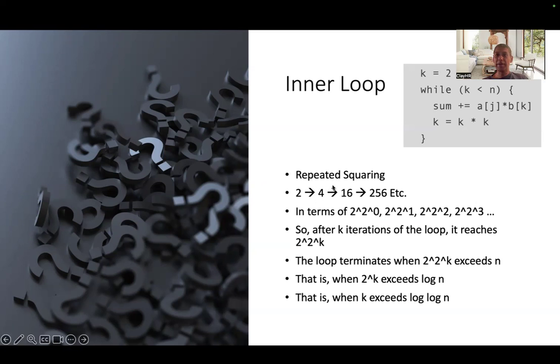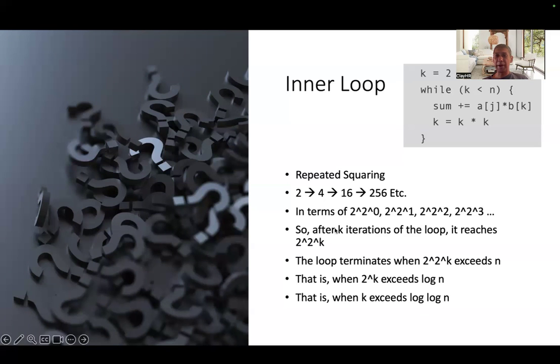We can observe that it's a kind of repeated squaring, going from 2 to 4 to 16 to 256, etc. If we write it in terms of a series, it becomes 2 power 2 power 0, 2 power 2 power 1, 2 power 2 power 2, etc. That's the pattern we have to observe here.